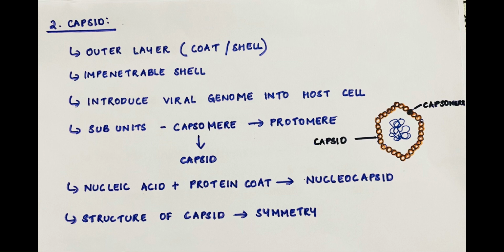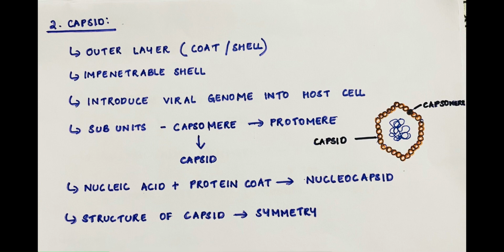The protein coat or capsid is made up of a number of morphologically similar subunits called capsomeres. Each capsomere is further composed of protomers. Capsomeres are arranged precisely and tightly together in a repetitive pattern to form the complete capsid. The number of capsomeres in a capsid varies from virus to virus.